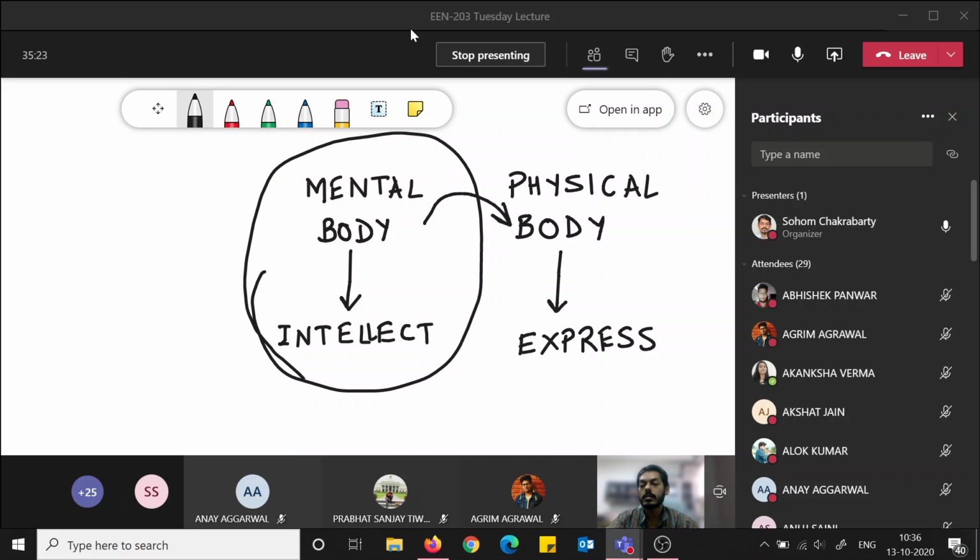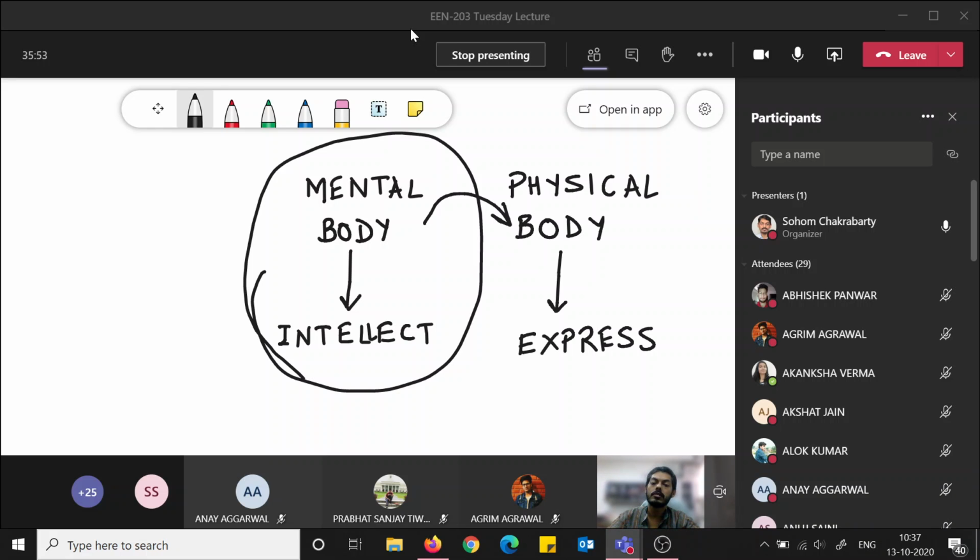So that is how we will come out to the society, right? And they will acknowledge us. So they will have an understanding of what we are and who we are. So the mental body is more important than the physical body, because that is the driver of the physical body.